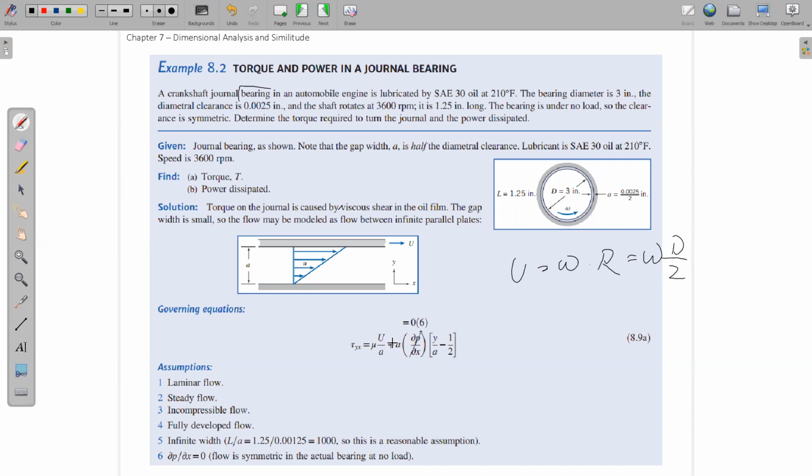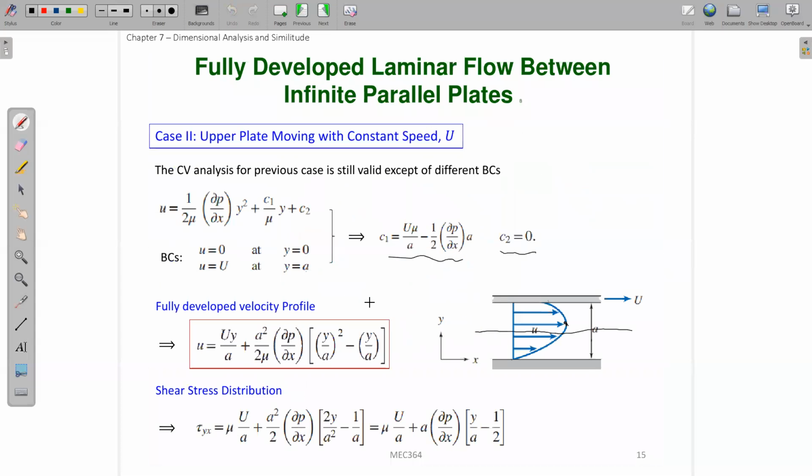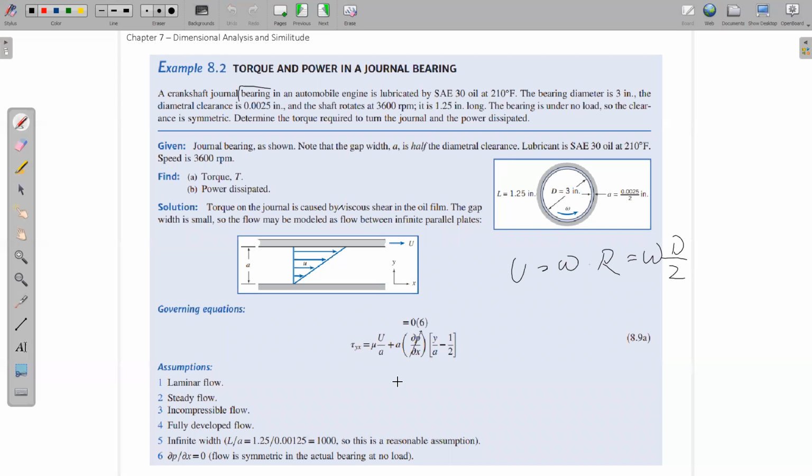And the clearance a is given. To calculate the viscous force, we need to know tau x, so we use this tau x equation. But for this case, dp/dx is equal to 0, so the only thing left is mu U over a.